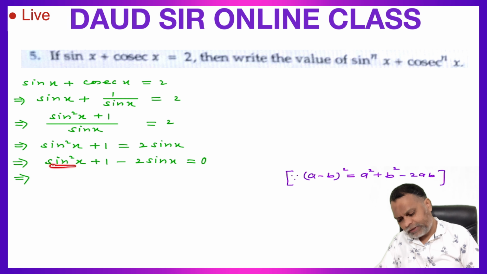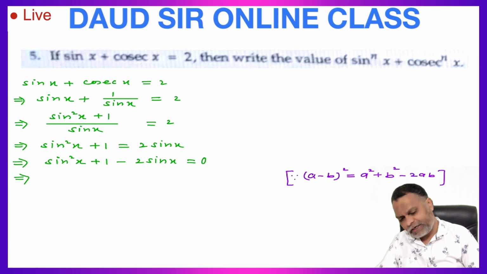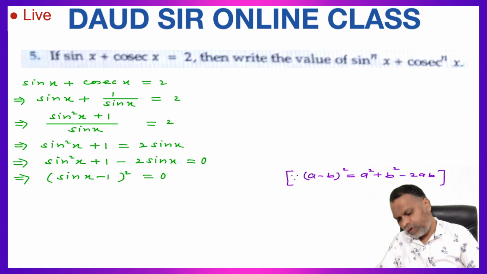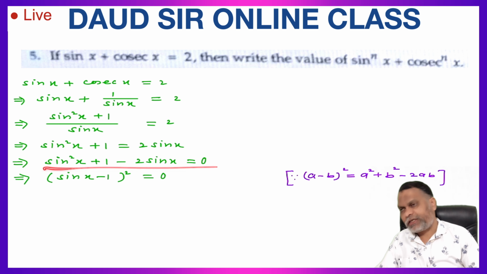Here a square is equal to sin square x, b square is equal to 1 square, minus 2ab. So we can write all three terms by using this identity, a minus b whole square. So this is sin x minus 1 whole square is equal to 0. If we open this, then again we will get these three terms.